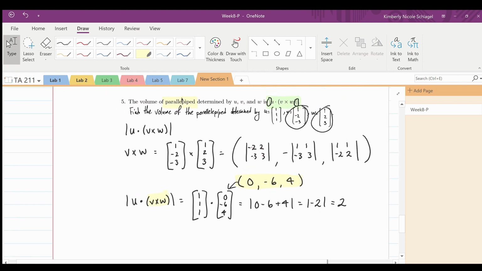So the volume of our parallelepiped is 2.